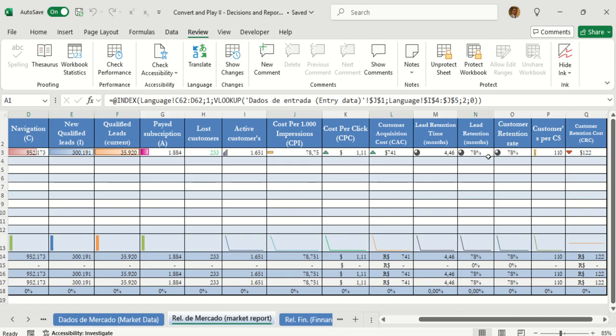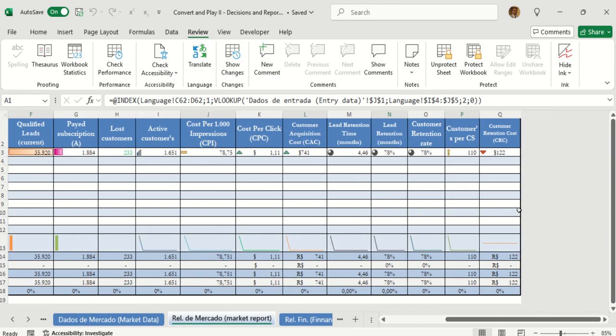Here we have the percentage of leads that you retain each month. So usually here you're retaining 78% of leads in each month. And also here I have my customer retention rate of 78% in a year.